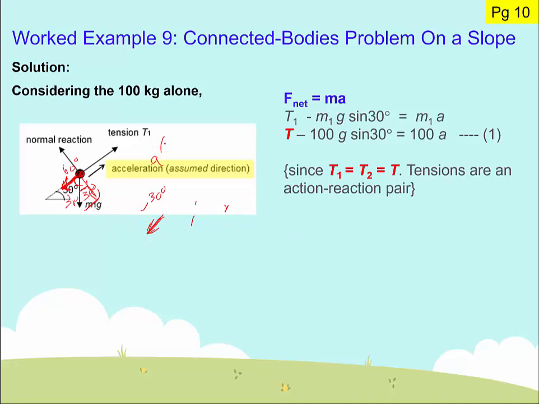Okay, so the tension is upwards, so it's positive, and m1 is 100. So it's mg sine 30.